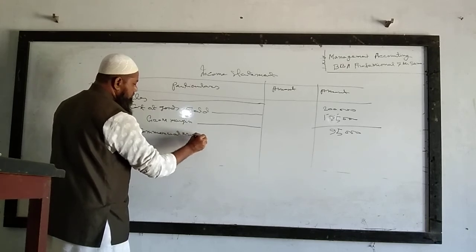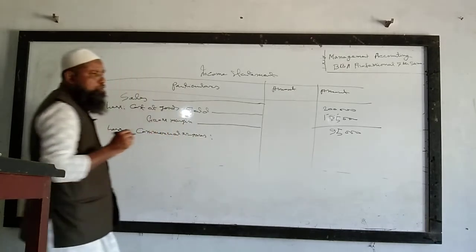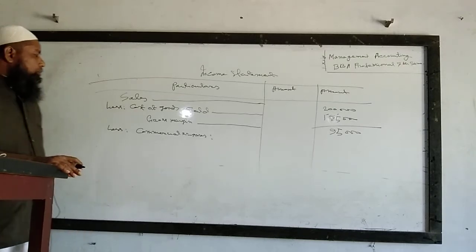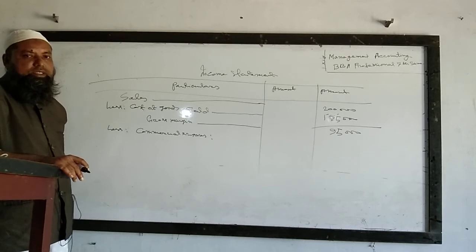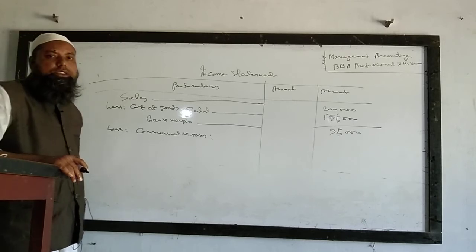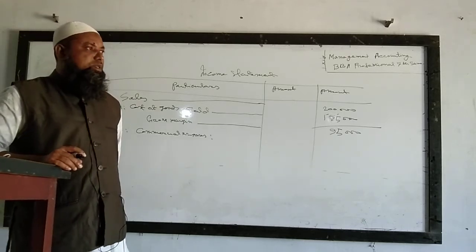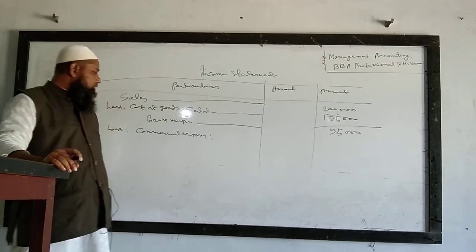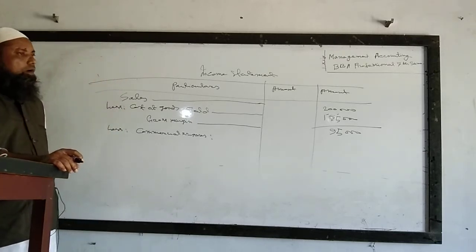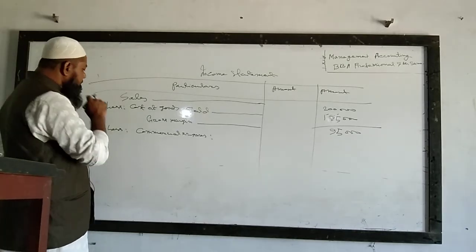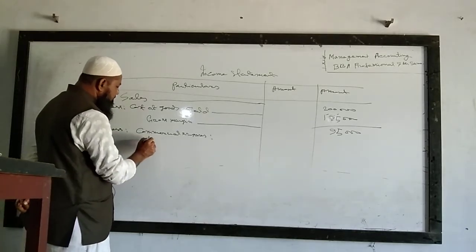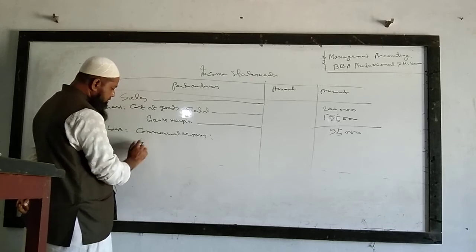We know both types of expenses, office and administrative expenses and selling, marketing and distribution expenses, both are included in the commercial expenses.